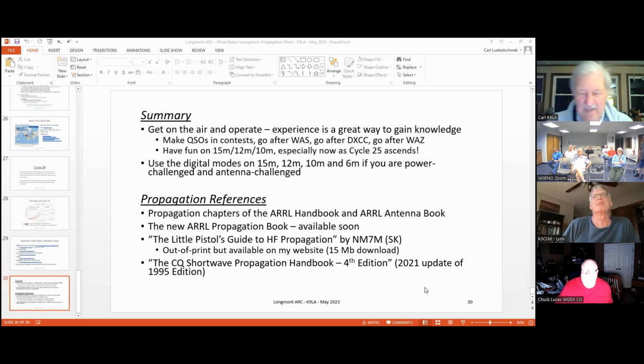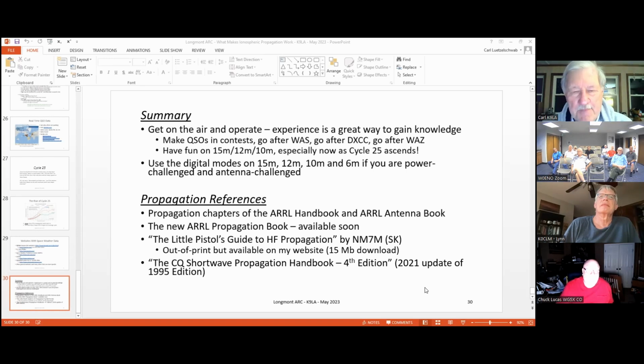Well, what happens is when the sun's magnetic field, which is also known as the interplanetary magnetic field, couples into the Earth's magnetic field, that can screw up the F2 region. And that's what's going to kill a lot of propagation. There can be more absorption.